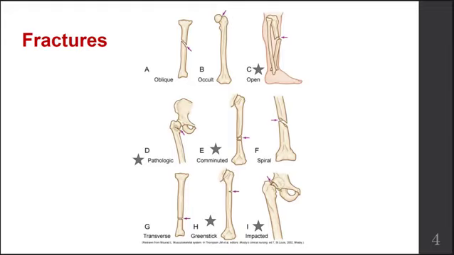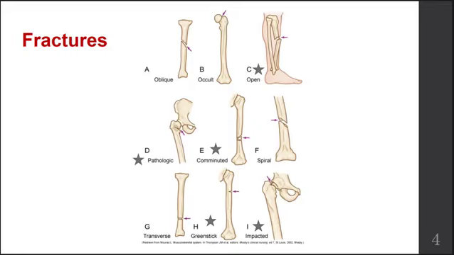Next, we'll talk about pathological fractures. These, as you could probably guess, are caused by some sort of pathology. So for instance, if a female has severe osteoporosis, which we'll learn about later, where the bone density or the integrity of bone is poor, then a simple fall can cause a fracture.